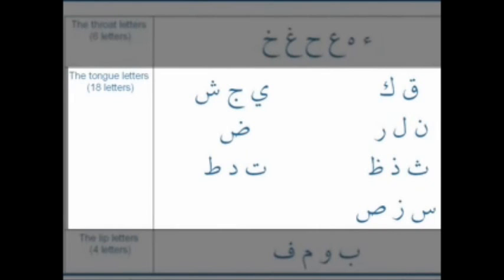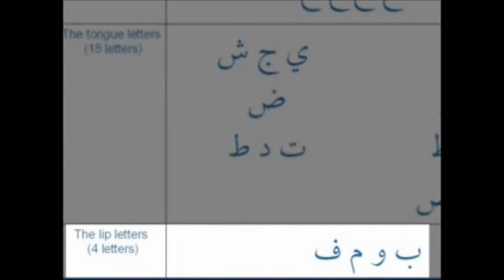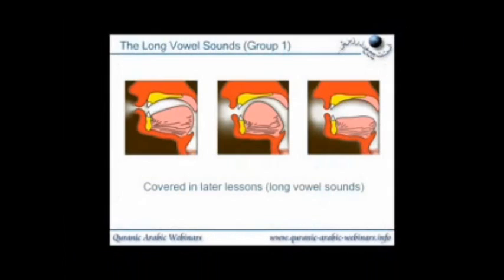The sin, the za, and the sad all come from one area. Then the lip letters, i.e. the letters that require the lips to be involved, are the ba, the waw, the mim, and the fa.